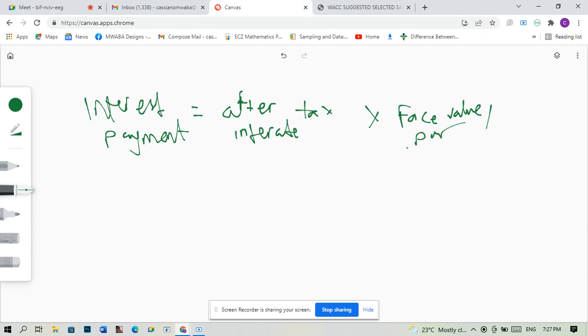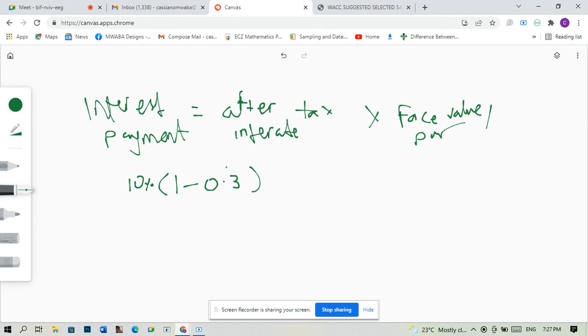So to get our after-tax interest rate, remember our corporate tax is 30%. So we're going to find 10%, and we're going to open brackets, 1 minus 0.3.